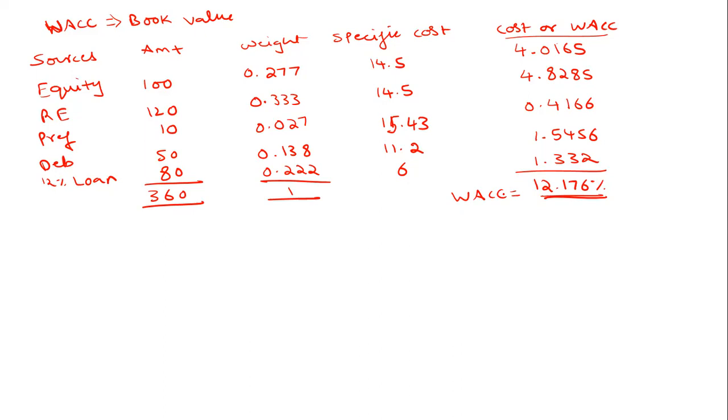Yes, sir. Okay, what is the next thing we have to do? Market value. Okay, perfect. So let's go for WACC, market value. Now you guys are experts. In sources we have equity. Do we take retained earnings when doing market value? No, sir.